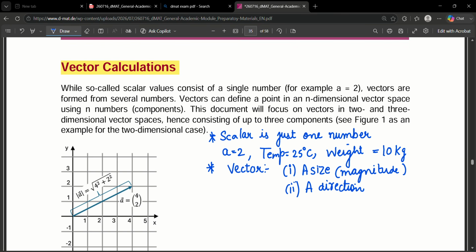For example, walk 5 meters east. They are giving you first magnitude plus direction. That is called a vector. So that would be represented by this arrow sign. A scalar is just represented by an alphabet, and a vector is represented by an arrow.